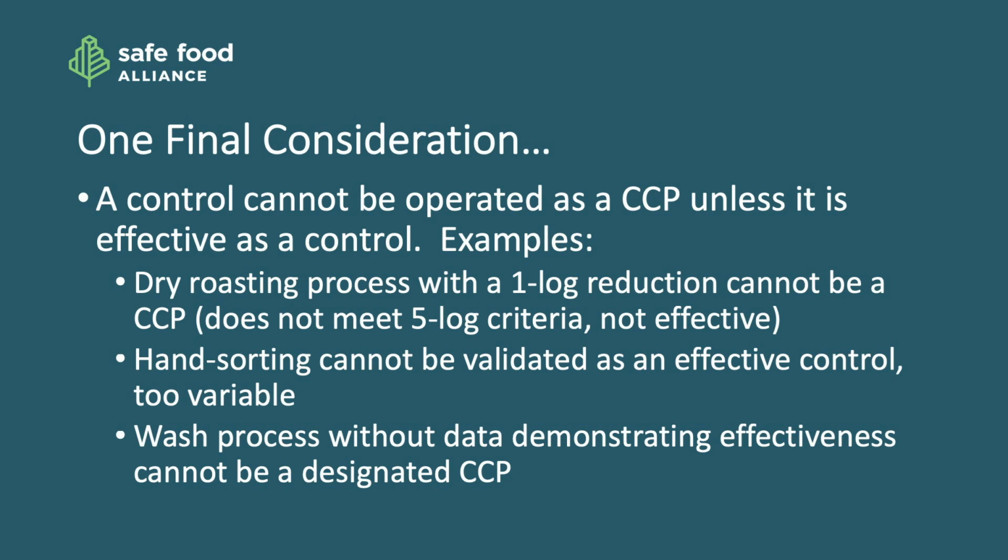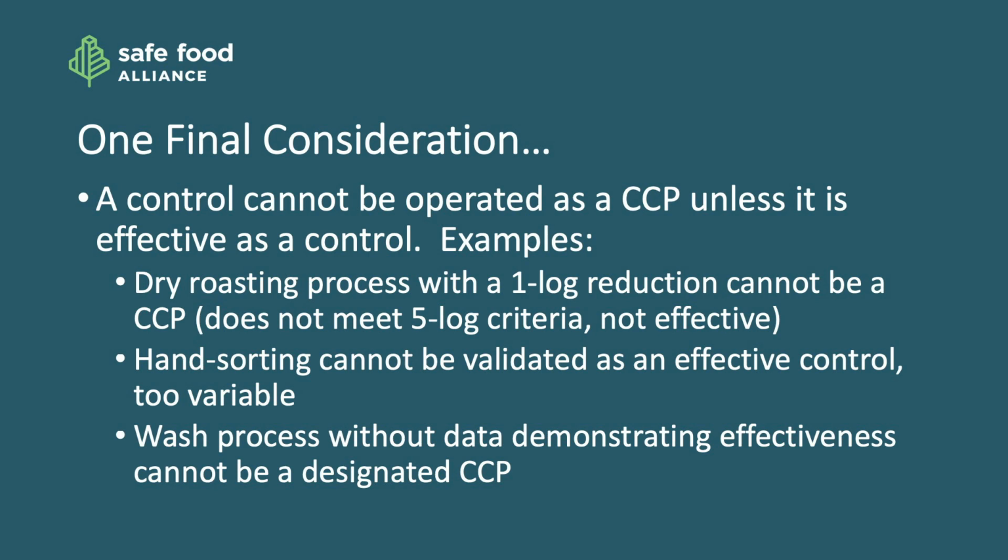So one final consideration in determining CCPs is that a control cannot be operated as a CCP unless it is effective as a control. What that means is we have to make sure that we are using a valid process.